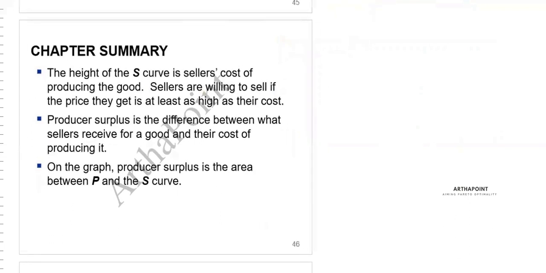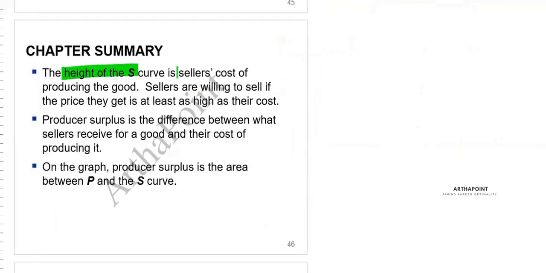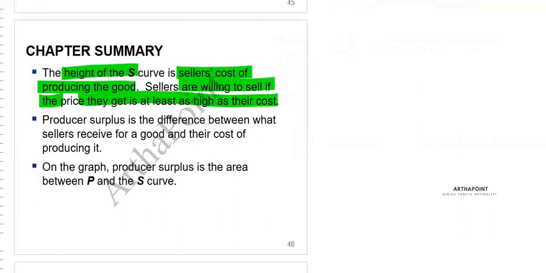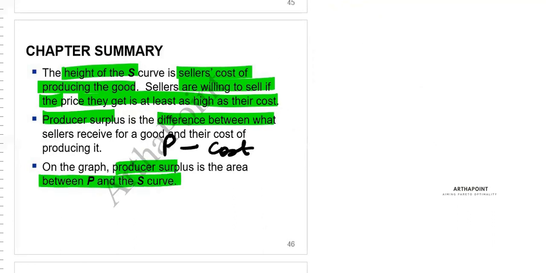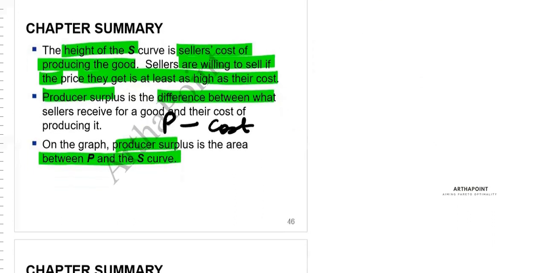The height of the supply curve gives you the seller's cost of producing the good. Sellers are willing to sell if the price is more than their cost. Producer surplus is the difference between the price received and the cost of producing. Diagrammatically, producer surplus is the area between the price and the supply curve.